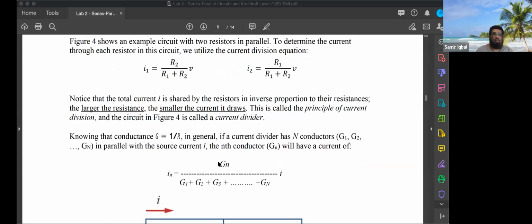So the current-conductance proportion can be used to find the current through any nth resistor. If there are a bunch of resistors, we can use the proportional conductance for that resistor to find how much current is flowing through there.